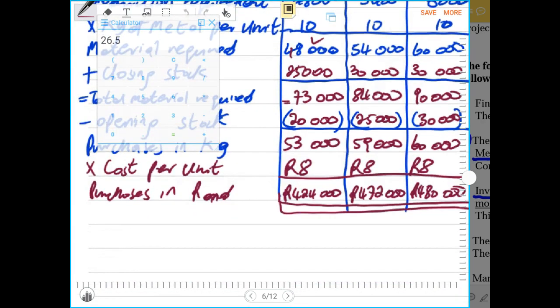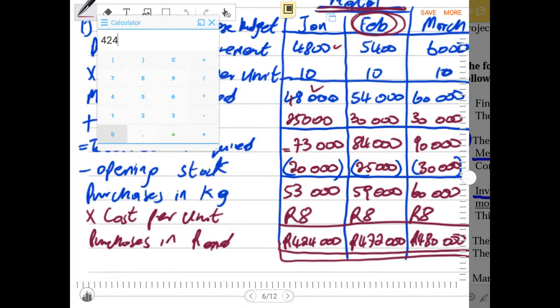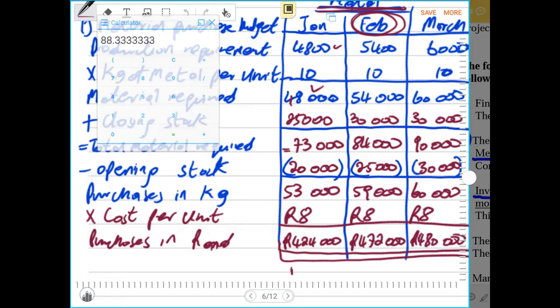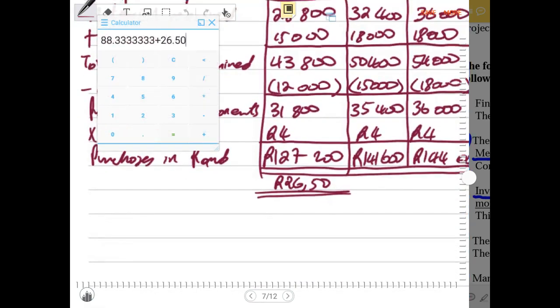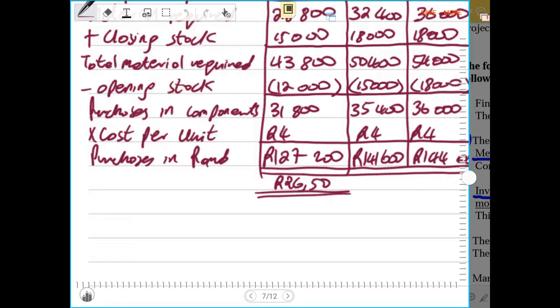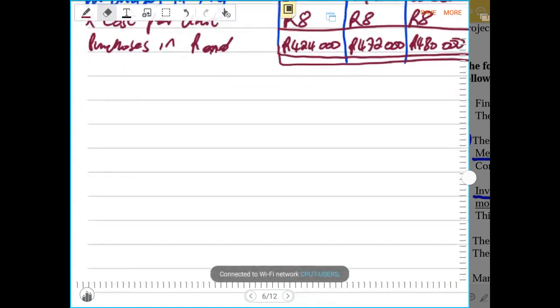For the month of January, we said it was 424,000 divided by 4,800, and this was 88 rand 33 cents. Plus 26 rand 50 is 114.83, but it's fine. I was just checking something, ignore that calculation. I just wanted to check the cost of these components for only 1 month.